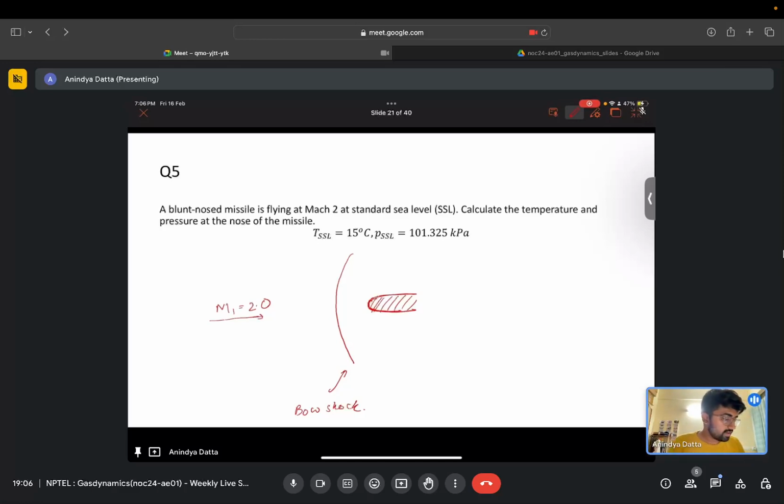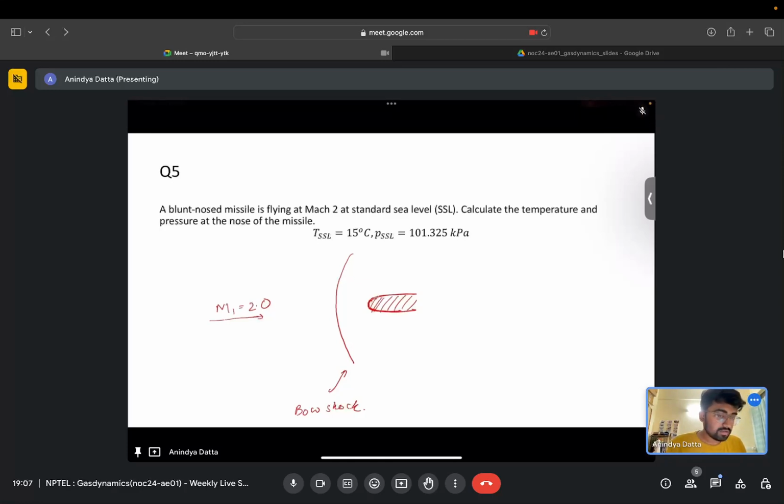Here we have a supersonic flow and a blunt object, and the blunt object is important because that's why we get a bow shock like this.